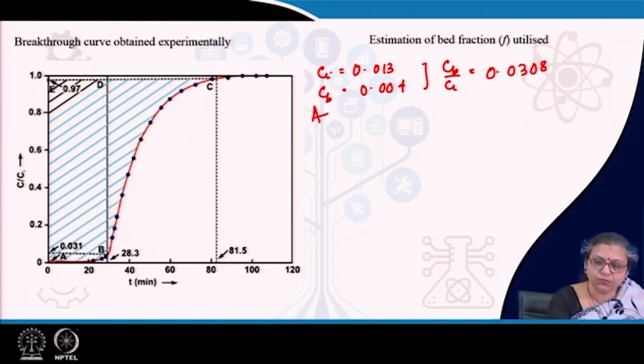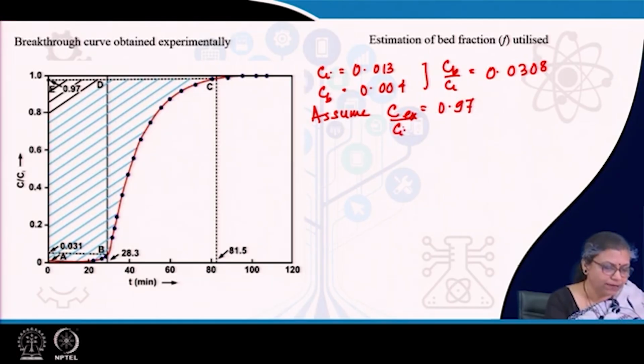We assume that we can operate the bed till CEX by CI about 0.97. So, this gives you the CEX value, this is the CEX value, this is the C break point value, this is the TB, this is the T exhaustion.